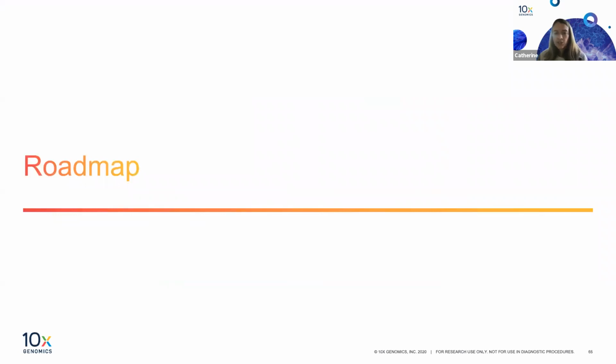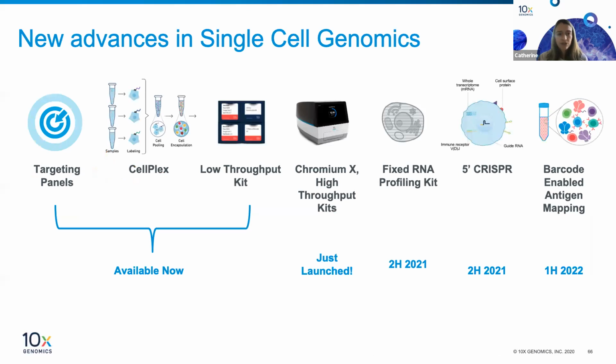Before I finish up, I want to mention some of the new products we have coming from 10X Genomics very soon, or actually maybe also what has just been released now. We have our CellPlex multiplexing solution. We've got our new low throughput kit, and we've got our Chromium X and iX and high throughput kits that have all just launched.